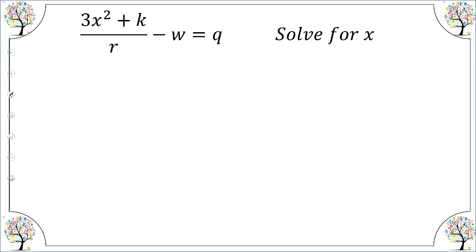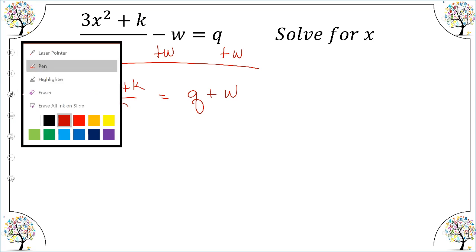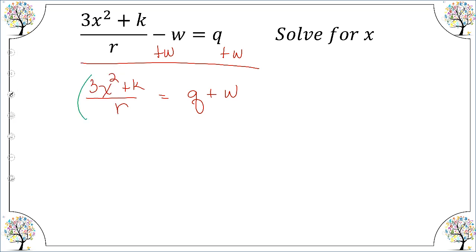This looks similar. We're doing the same thing, but this time we have one addition operation. The minus w needs to be moved first. So we're going to undo the w. Now we need to get rid of the r, so we're going to multiply. We do have to have parentheses on both sides.